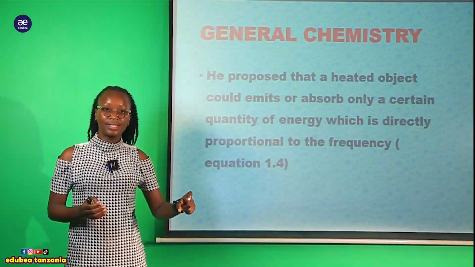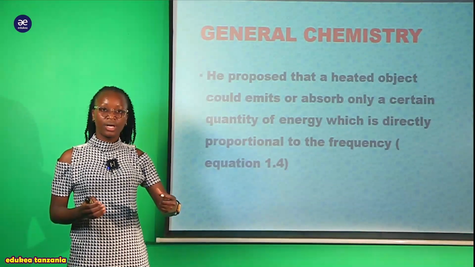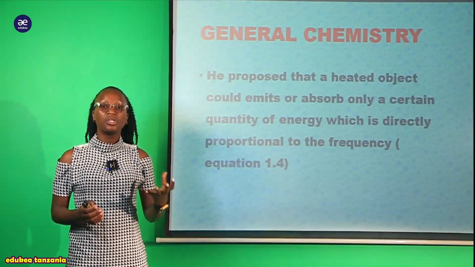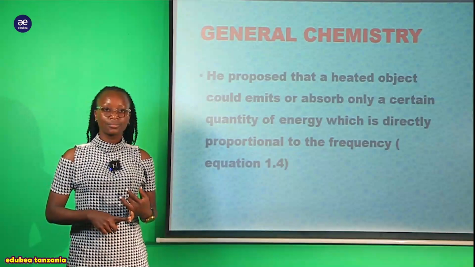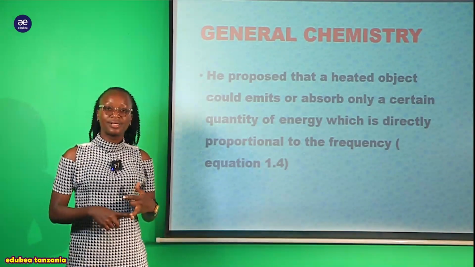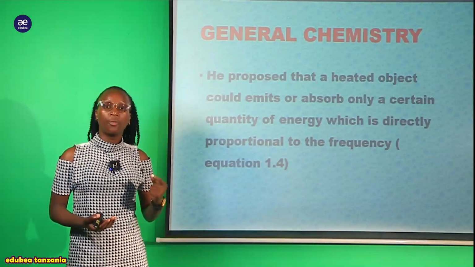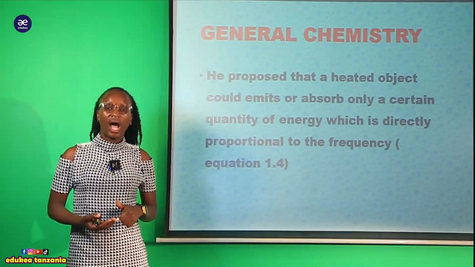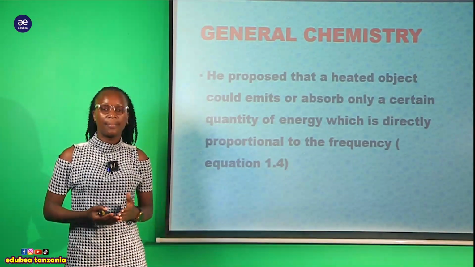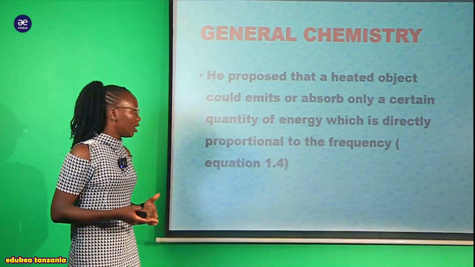Kumbuka tulisema light behave as wave, kwa lazima tuone issue za frequency, wavelength, lazima tuone hizo property. Ndio maana there is deduction of particle nature au wave nature or light nature.